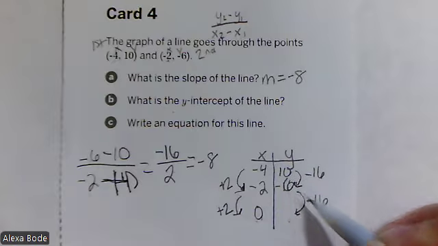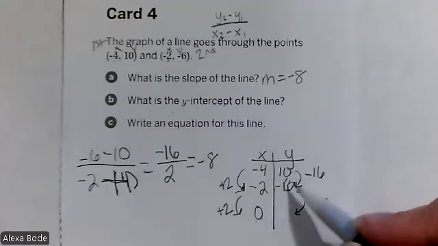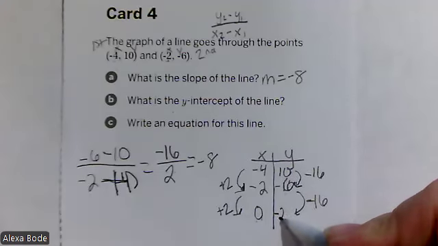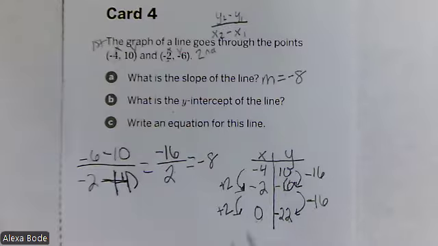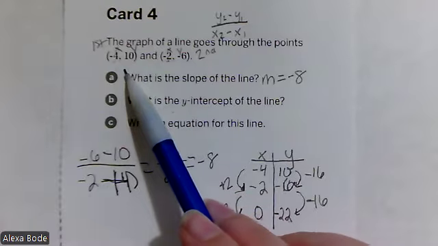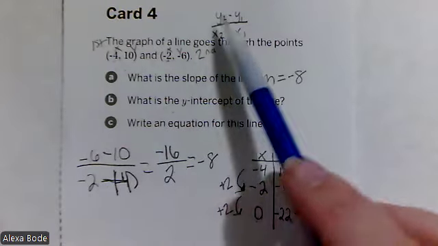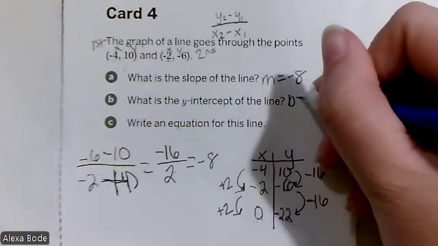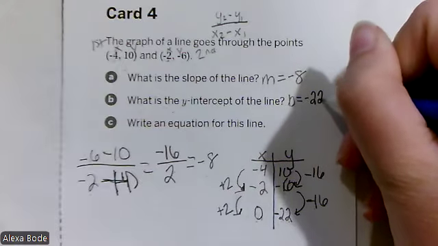When I do -16 minus 16, that will actually be my y-intercept. So -16 minus 16 is -22. So this is saying whatever line these 2 points are on, that line is going to cross through the y-axis at -22. So my y-intercept is -22.